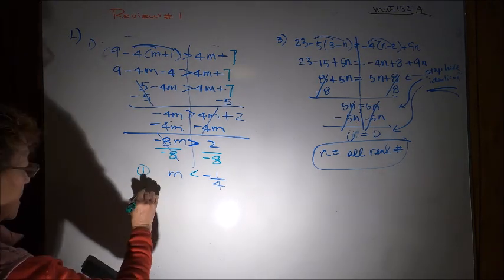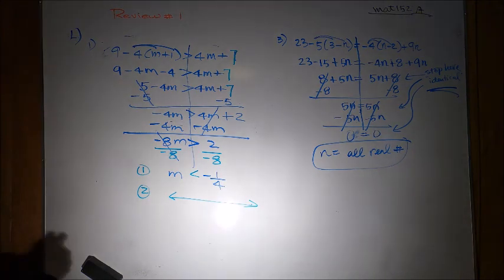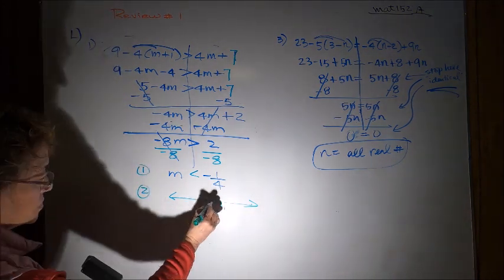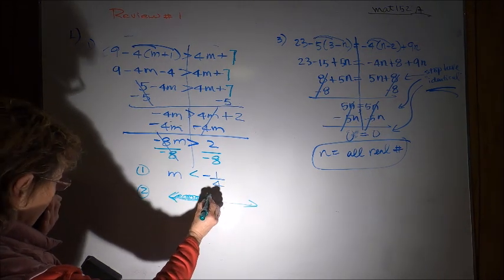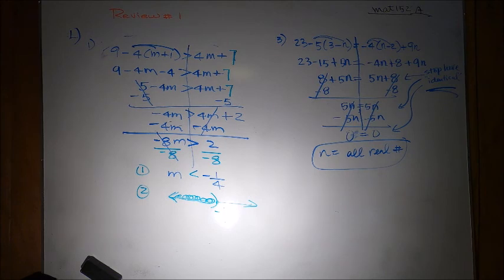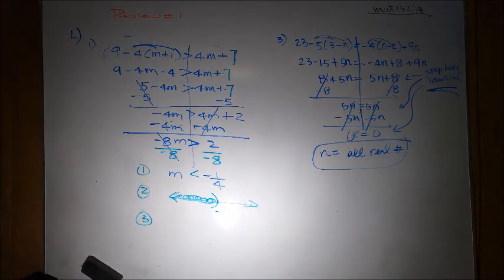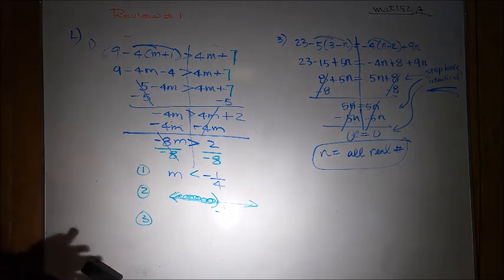Then second one, you wanted to answer with what? Graphing. So that's your negative 1/4. Then your answer will be what? Less than, on your left hand side with parentheses, right? Then we also want you to answer the question with what?